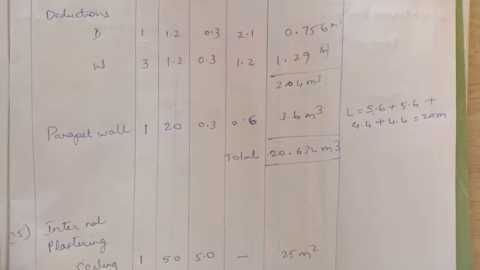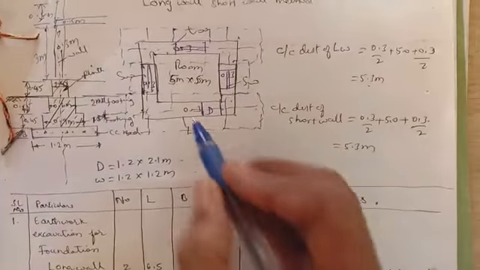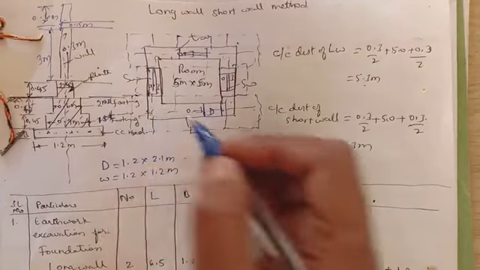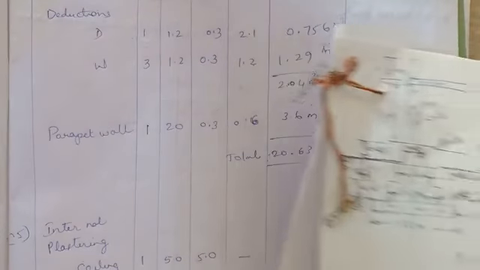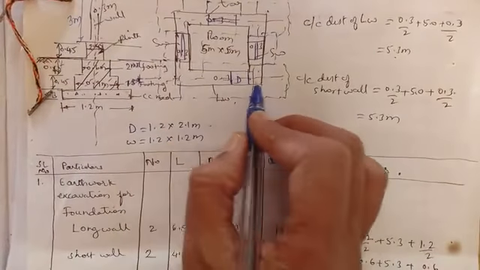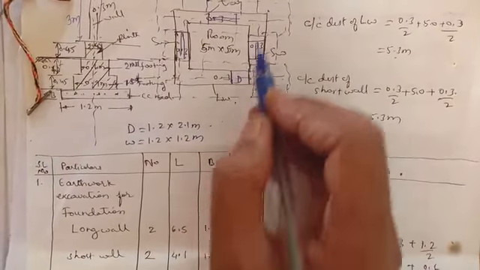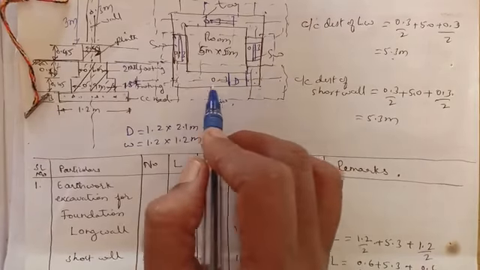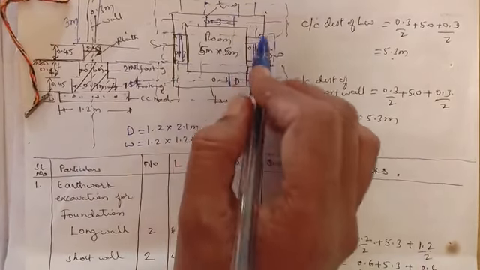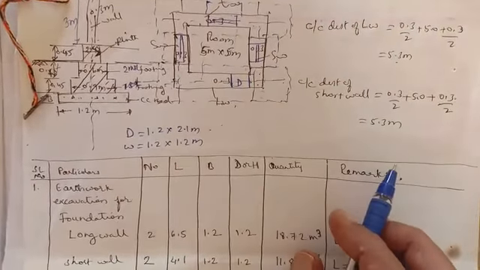So you can see here in the diagram that is the parapet wall height. 5.6 and these two are 5.6, you can see here, and whatever is remaining is 4.4 because 0.3 and 0.3 is deducted.